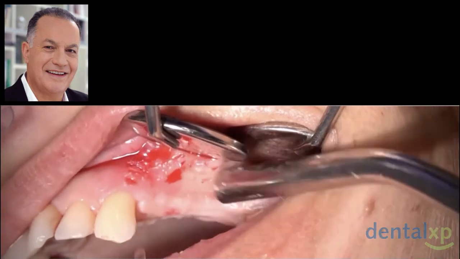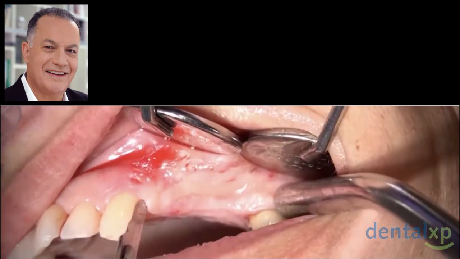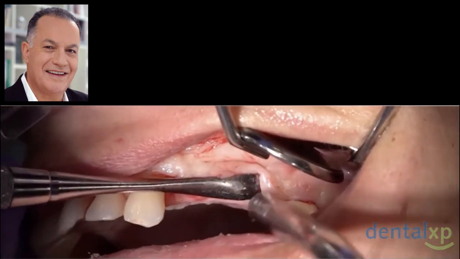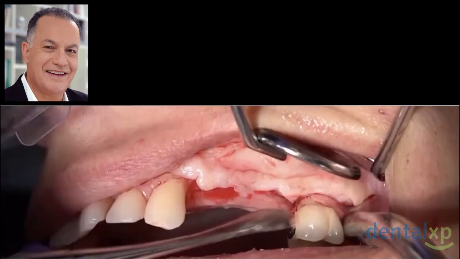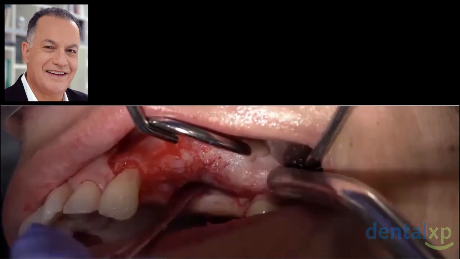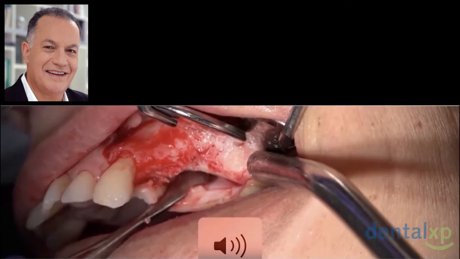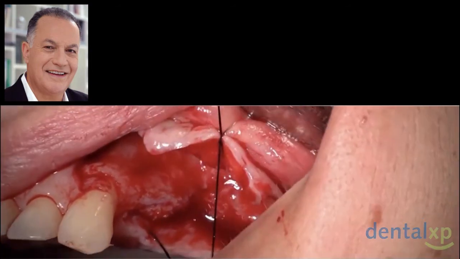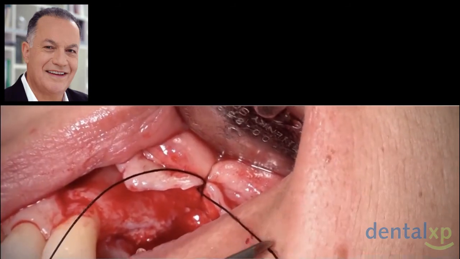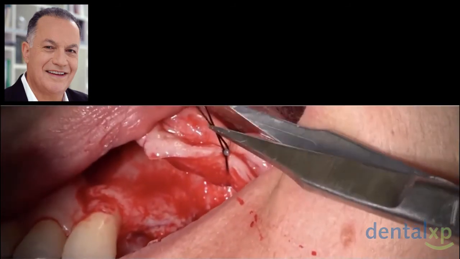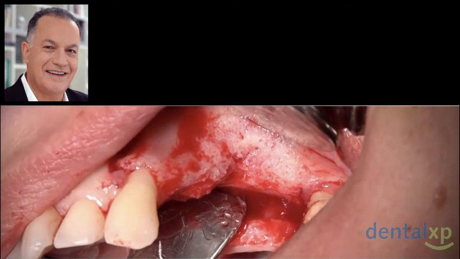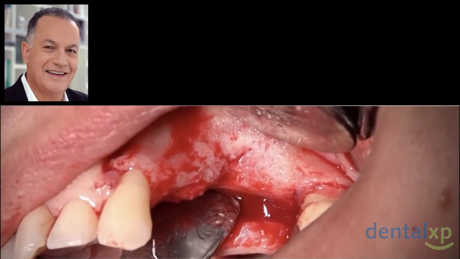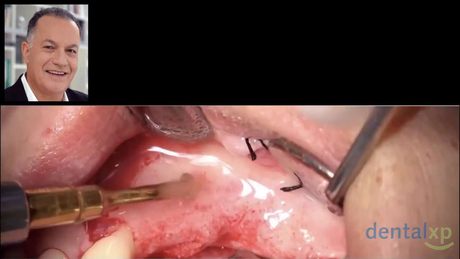And you can see on the left side, those are the results after we release the flap. Look at the nice ridge we have got after using the composite graft, mixing of bicalcium sulfate and bioglass.